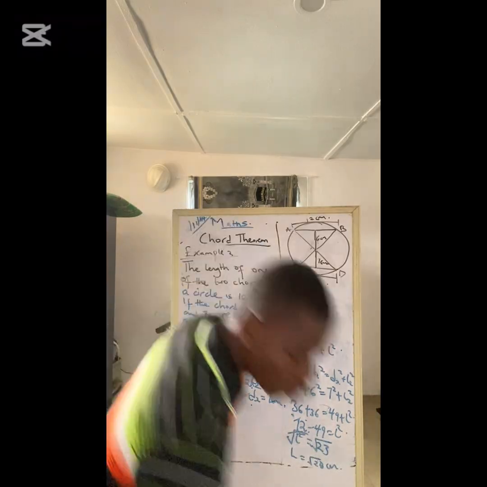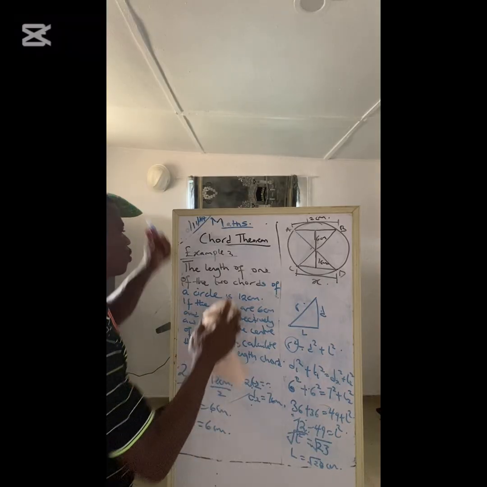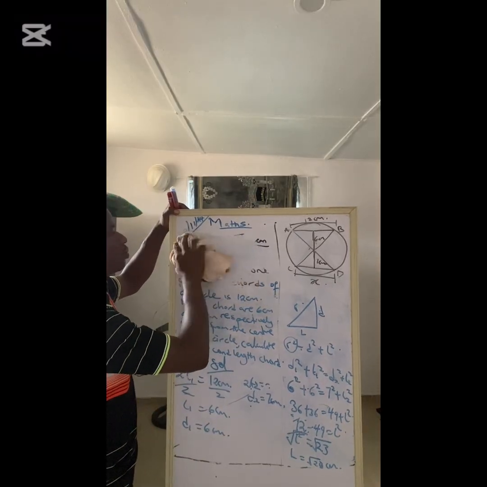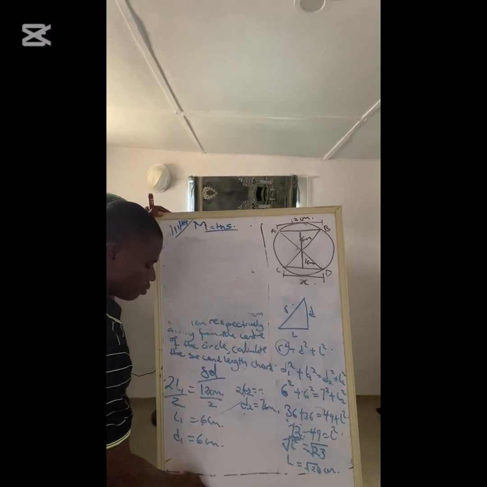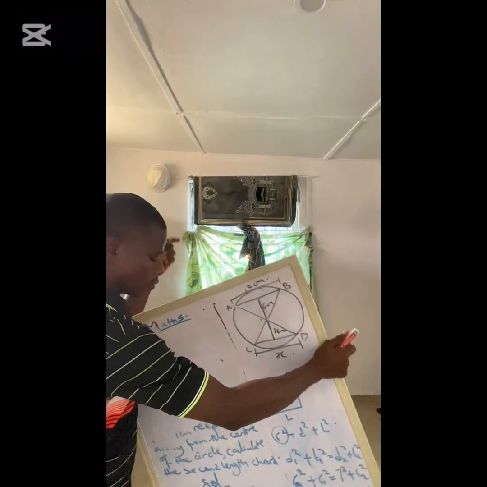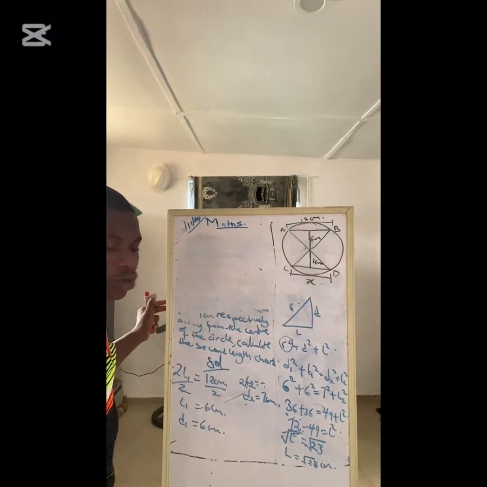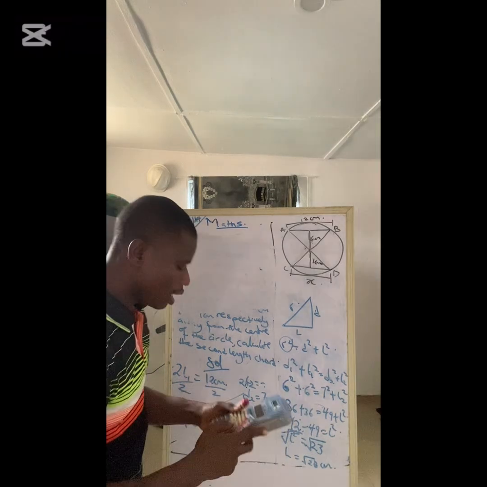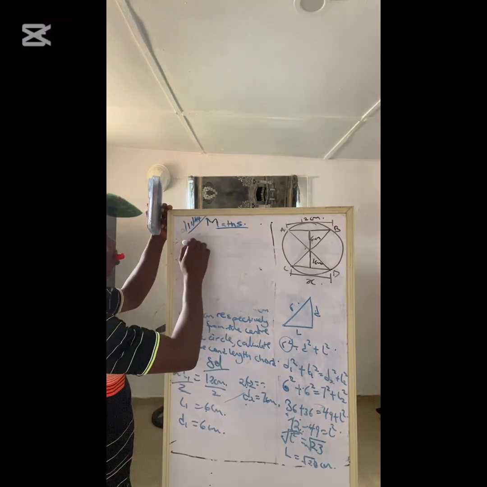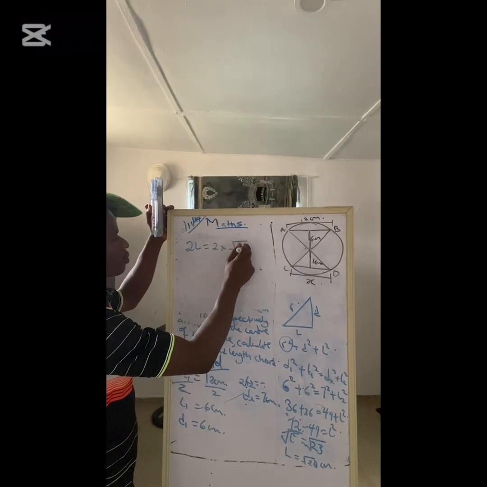So therefore, if you want to get 2L, the second length, the 2L will be, let me punch my calculator. So 2L is 2 times root 23.